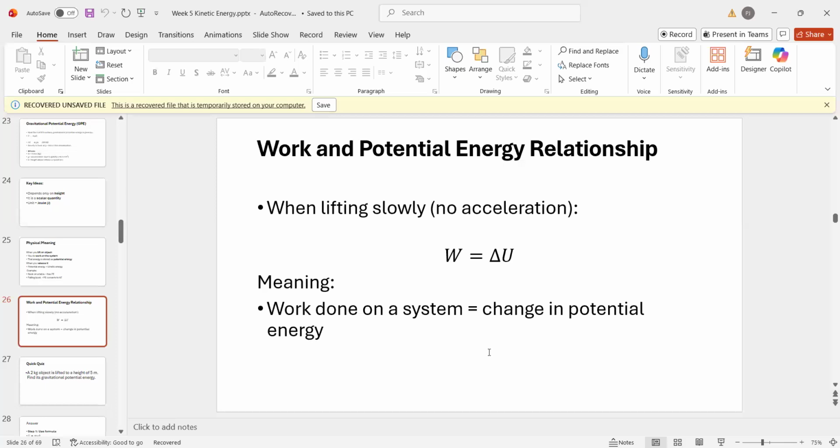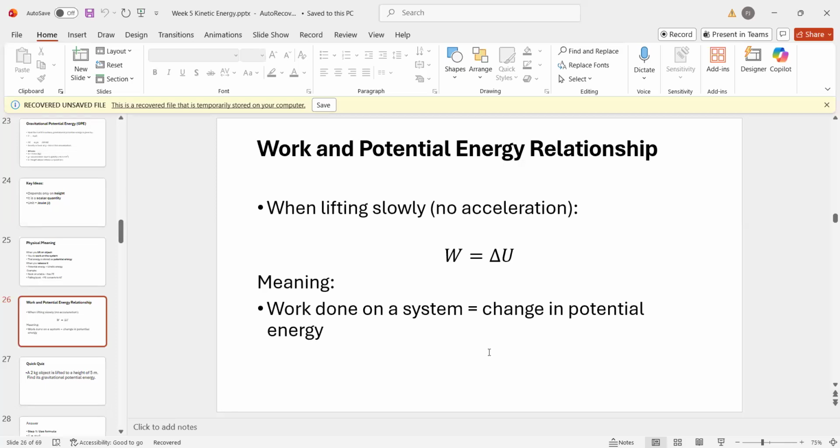So let's take this as an example. When you are lifting an object slowly, you realize there's no acceleration. So the work done should be equal to the gravitational force. So work done on the system should be equal to the change in potential energy.